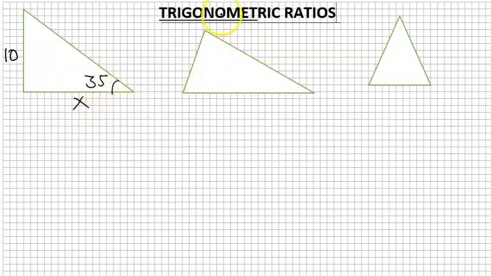I'm using both the methods so that you know how to do such questions. This is a 90 degree, so this is hypotenuse. This is opposite, and this one is touching this line, so this is adjacent for this angle.